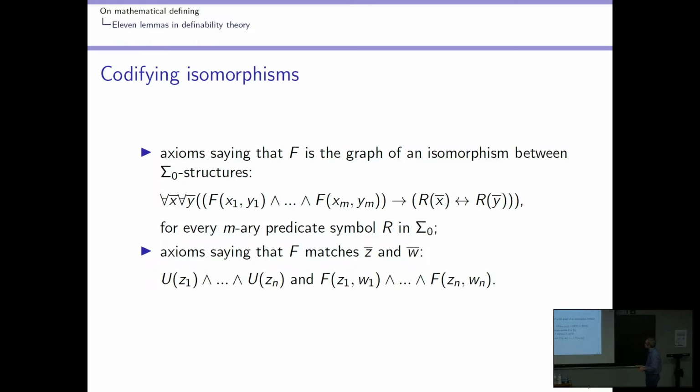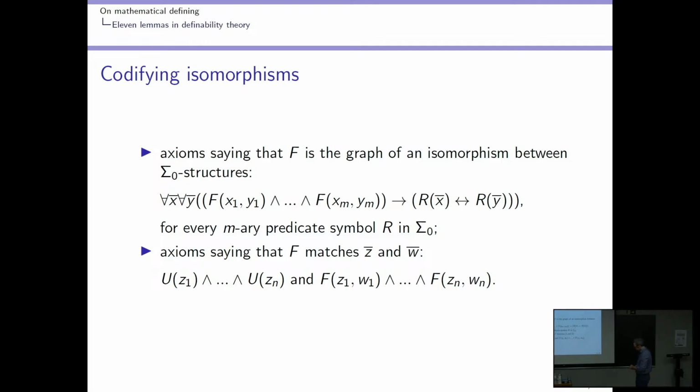Now, axioms saying that F is the graph of an isomorphism between sigma 0 structures. We may not want U to be a whole sigma structure. It may be some subset. It is useful to have this reducts. Well, how do you say that? So for every X bar, Y bar, if X1 maps to Y1 and XM maps to YM, this is saying that X bar maps to Y bar.